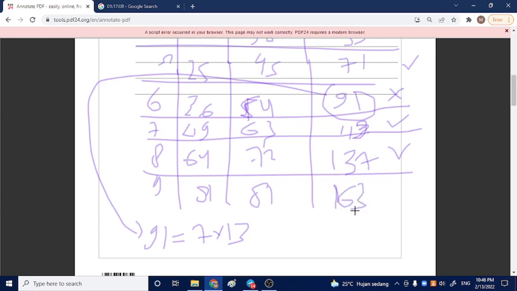163. 163 is not divisible by 3, not divisible by 5, not divisible by 7, not divisible by 11, not divisible by 13, not divisible by 17.